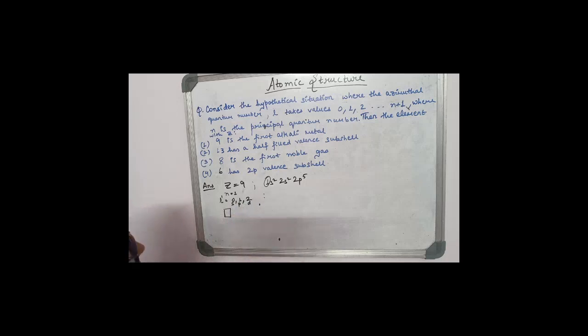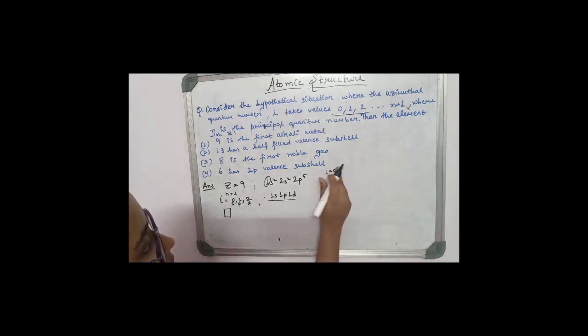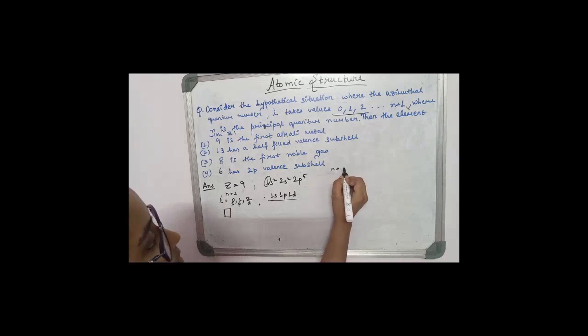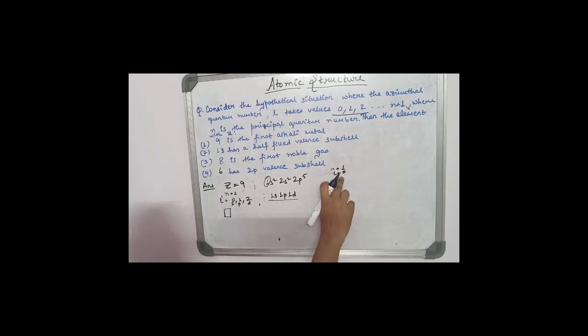So what do we have in the new format? In this format, the new electronic configuration that we have is 1s, 1p and 1d. In the old format, we had 1s, 2s and 2p. In the new format, we have 1s, 1p and 1d. We have 3 types. In the old format, as you know, for n is equal to 1, L can only take the value of 0.